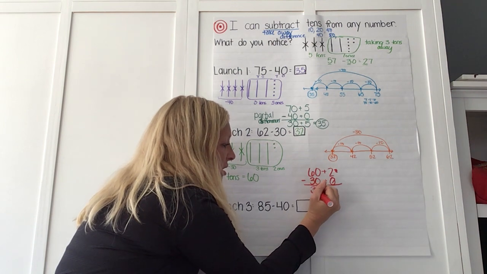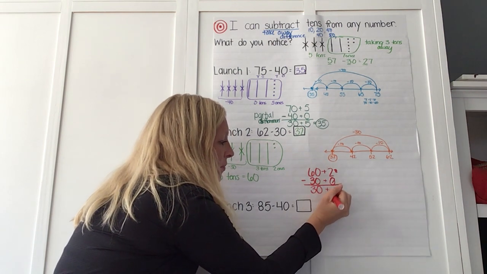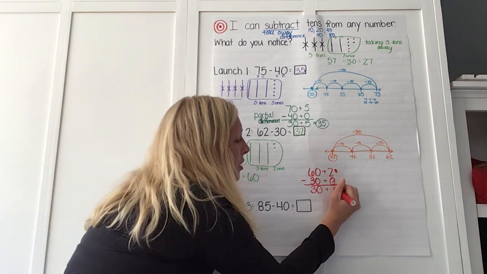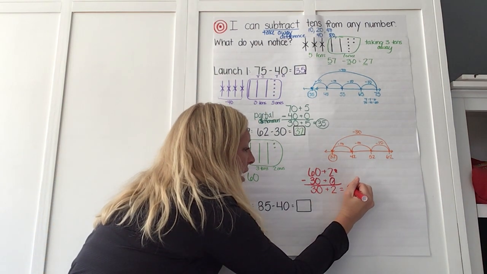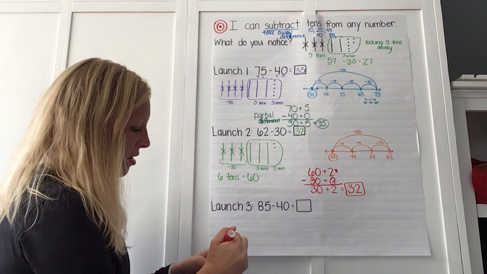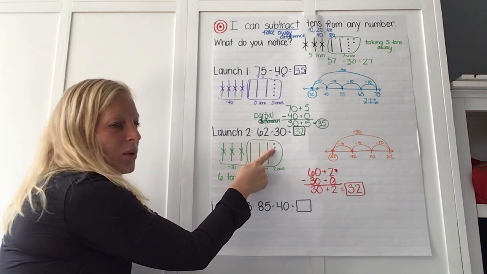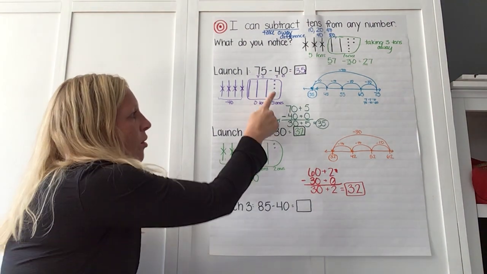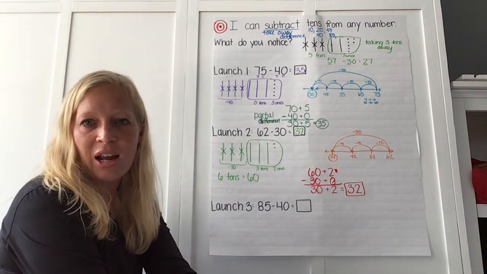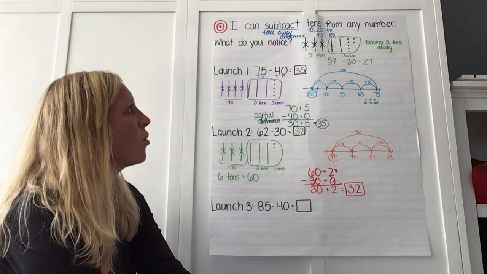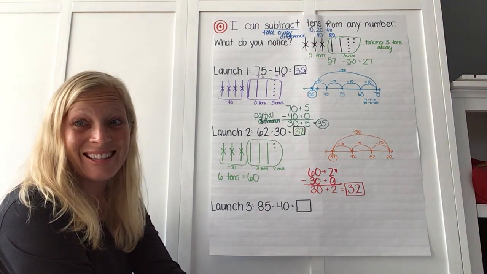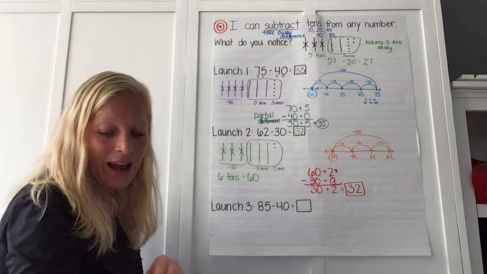So 60 take away 30 is 30. 2 ones, take away 0 ones equals 2. And so what do we have left? 32. And we notice we're not taking any of those ones away here either, are we? Or here, or here. What place changed every time we were taking away a 10 from these numbers? Our tens place.